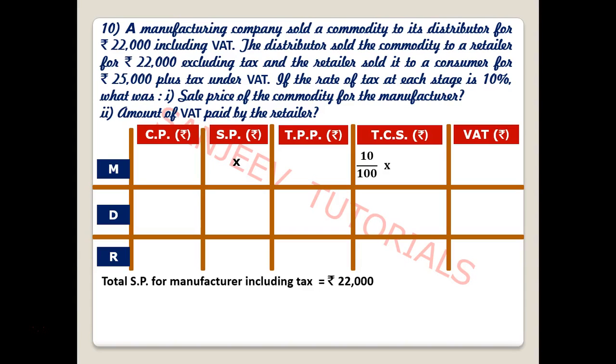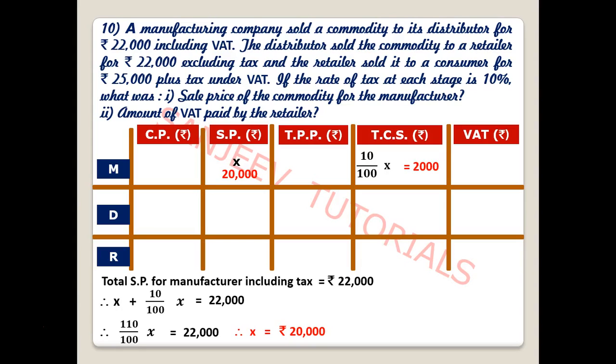So I can say selling price plus the tax charged on it, the total is 22,000. So I get X plus 10x upon 100 is 22,000. On simplification, I get this step, and finally I get X equal to 20,000. So 20,000 is the selling price for the manufacturer without tax, and 10% of 20,000 is rupees 2,000. Now this entire 2,000 rupees goes to the government as VAT.